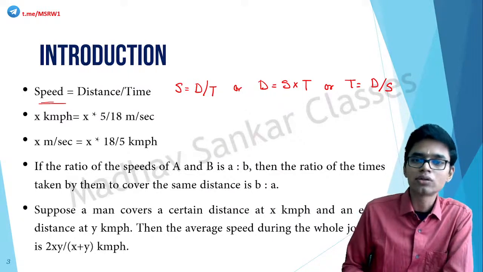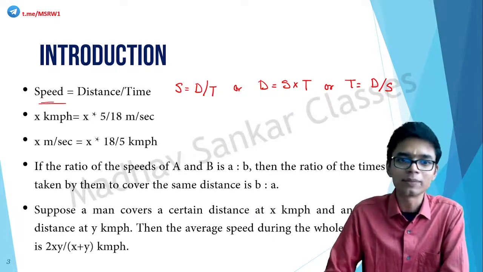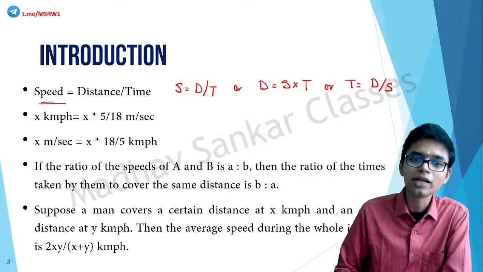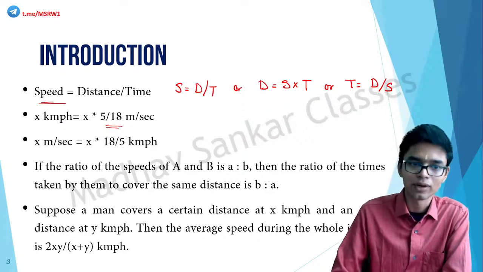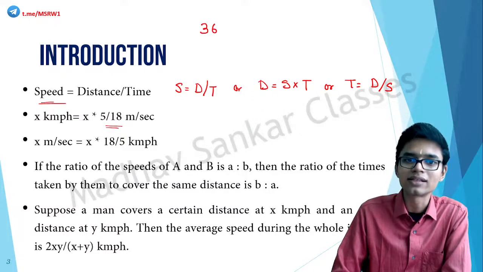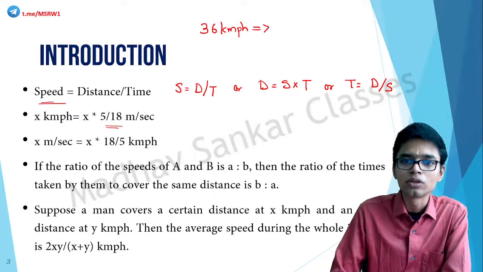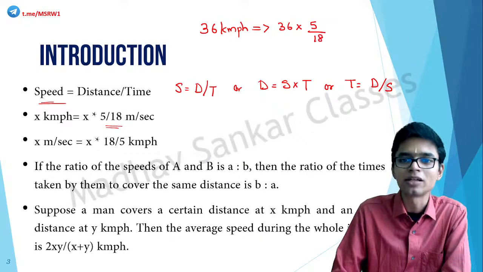How to convert kilometer per hour to meter per second? Multiply it by 5/18. For example, if it says 36 kilometers per hour, this is equal to 36 into 5/18 meter per second, that is 10 meter per second.